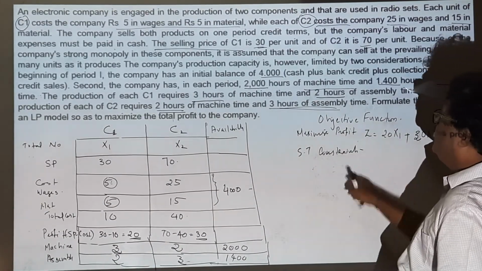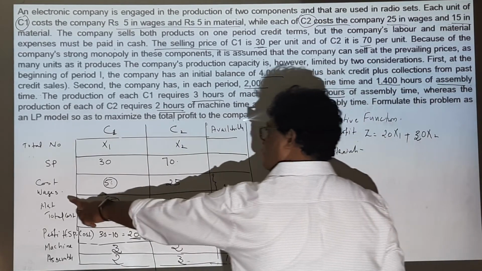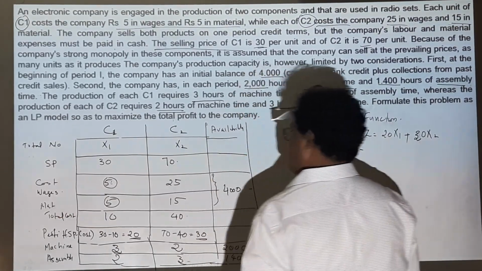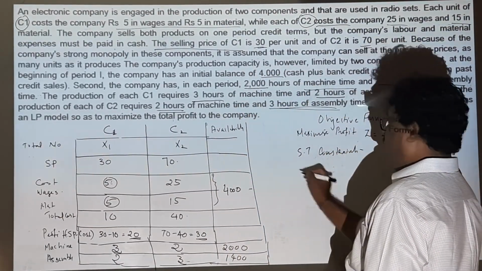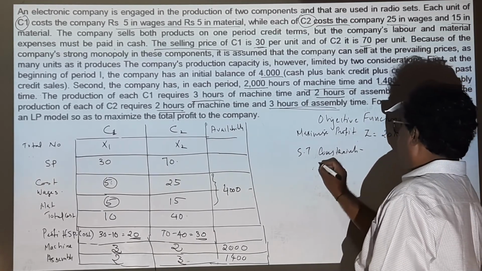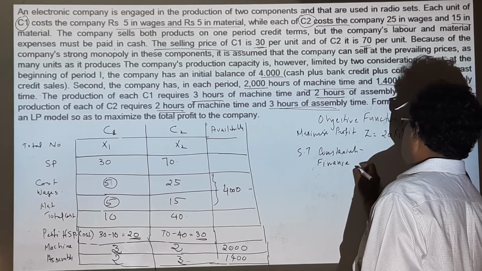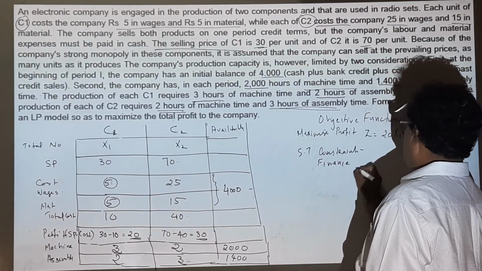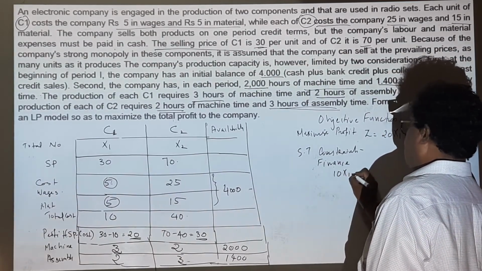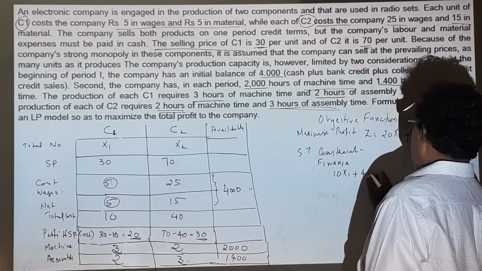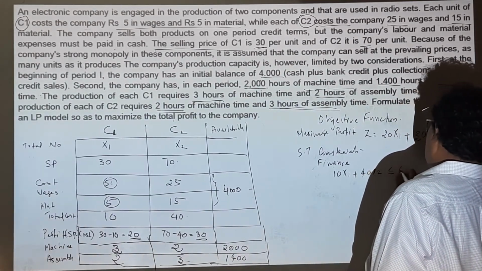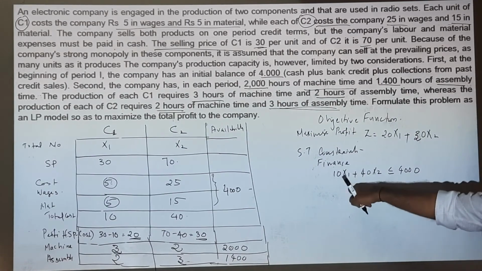Subject to constraints. First is the wage and material, the money constraint. So the finance, the cost. How much is it? You understood? 10 into x1 plus 40 into x2 will be less than or equal to 4,000. What does it mean?